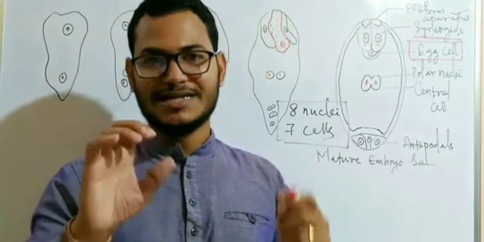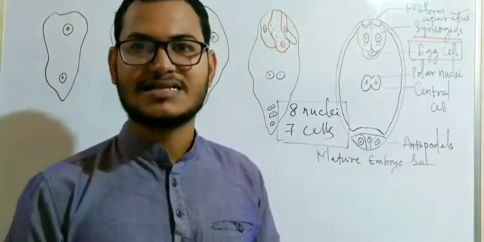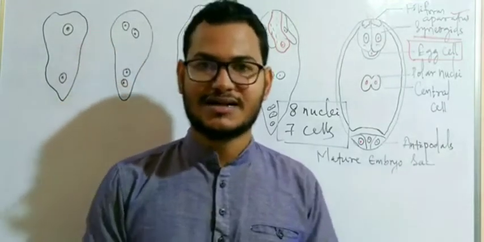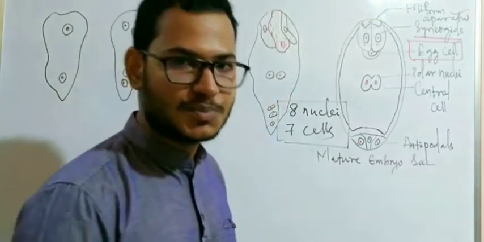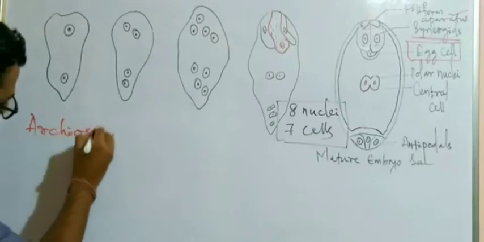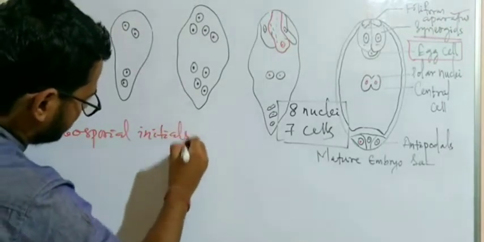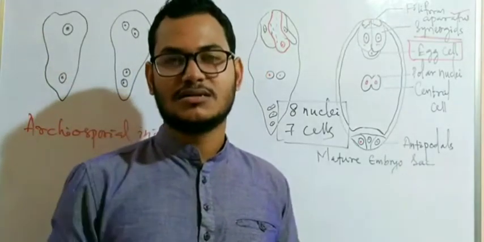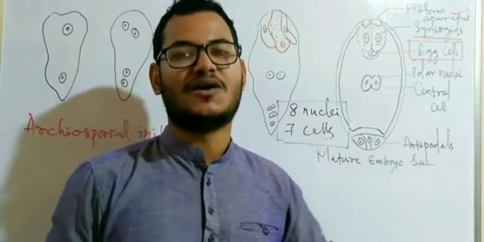So first we need to know that the nucellus has certain cells at the apex region. Towards the nucellus there are certain cells known as the archesporial initial, and these archesporial initials then undergo certain changes, and a special type of cell is formed from them.